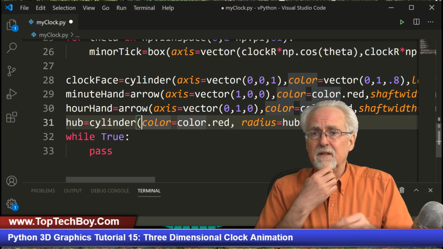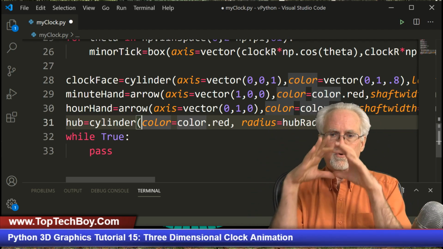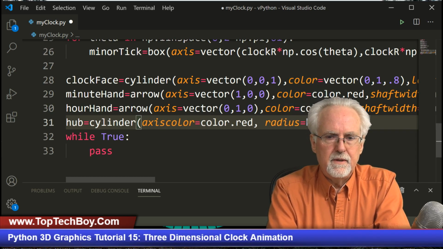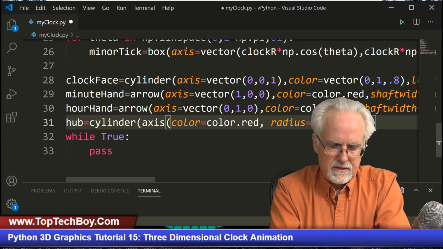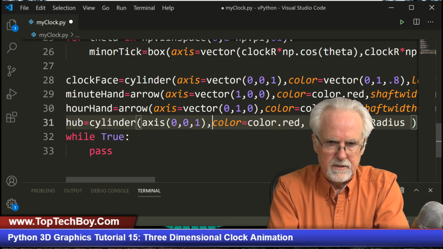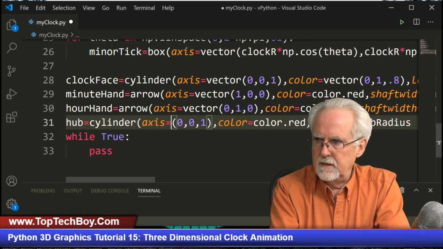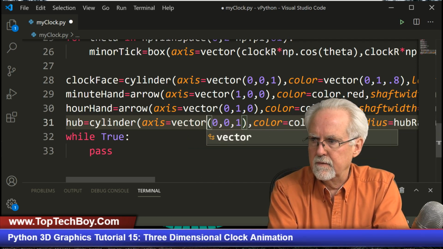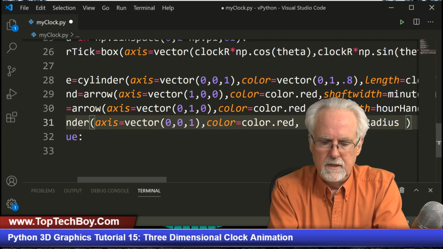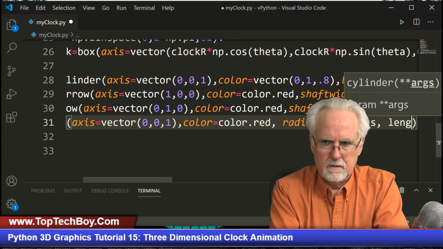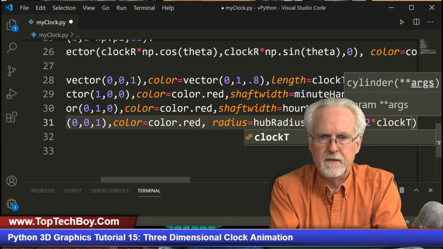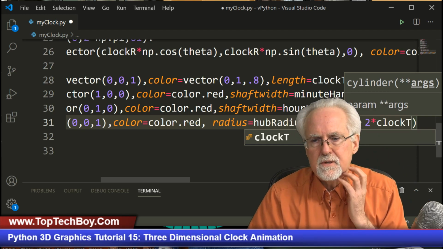Cylinder, and then the cylinder would be facing this way, so we've got to face it towards us in Z. I did not mean to get this complicated, but the axis would be pointing at us in Z, so it would be 0, 0, 1, and then axis equal vector, and then the length would be equal to, let's make it 2 times the clock thickness, and that should get it out far enough to grab those two things.